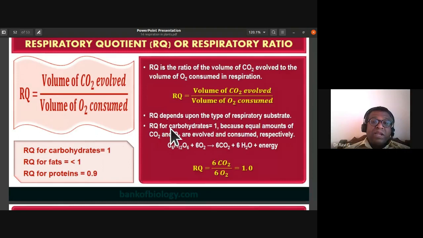For carbohydrates it is 1 because equal amounts of carbon dioxide and oxygen are involved. One glucose molecule plus 6 oxygen gives 6 carbon dioxide, 6 water molecules and energy. So RQ is 6 carbon dioxide divided by 6 oxygen. So the RQ value for carbohydrate is 1.